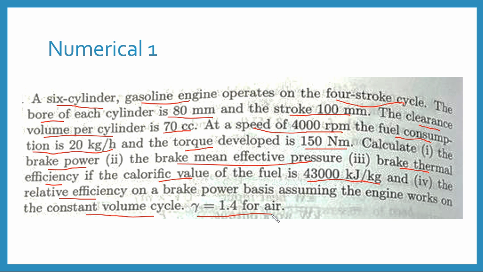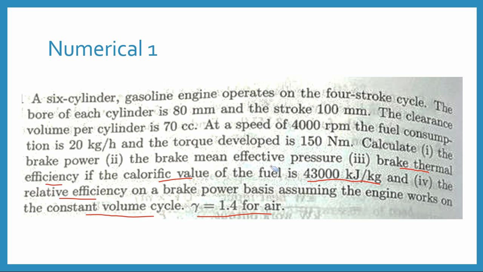The bore is 80 millimeter, stroke is 100 millimeter, clearance volume is 70 cc, speed is 4000 rpm, fuel consumption is 20 kg per hour, and the torque is 150 Newton meter. From these we need to calculate the brake power, brake mean effective pressure, brake thermal efficiency when the calorific value is 43,000 kilojoule per kg, and also the relative efficiency at constant volume cycle when gamma is 1.4 for air. So this is the numerical, and we need to solve it.